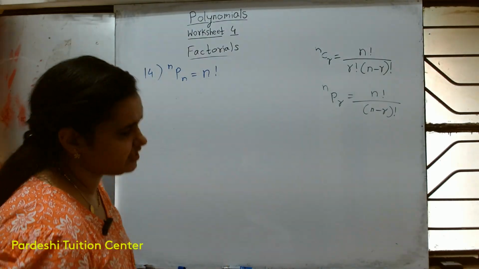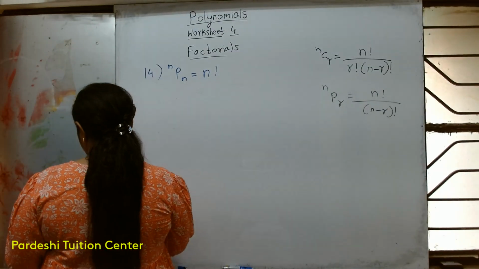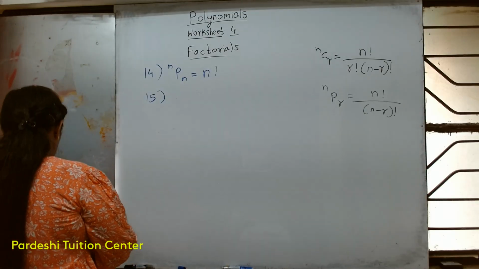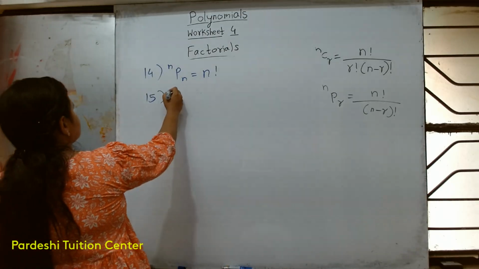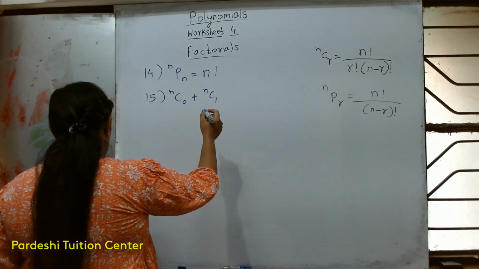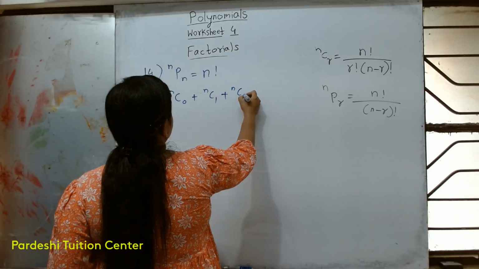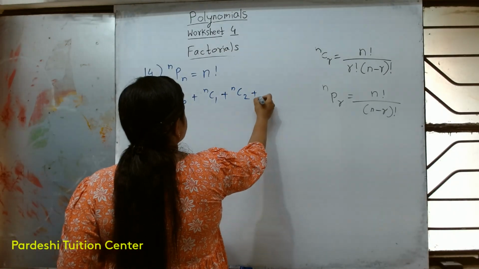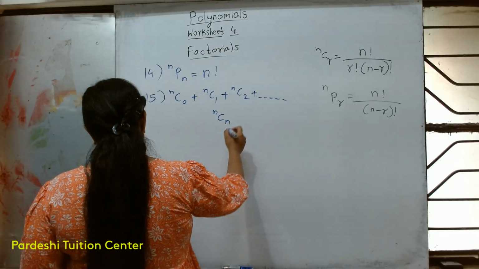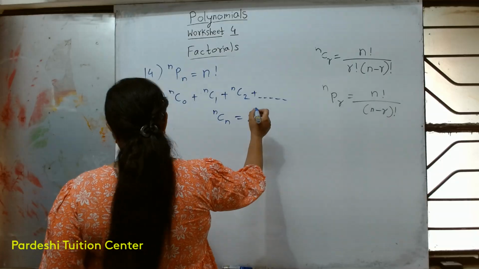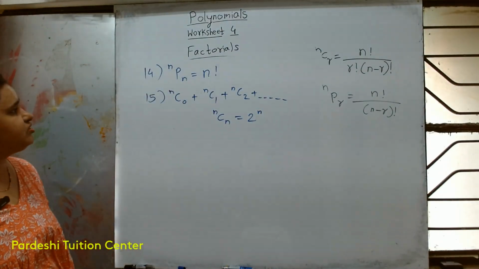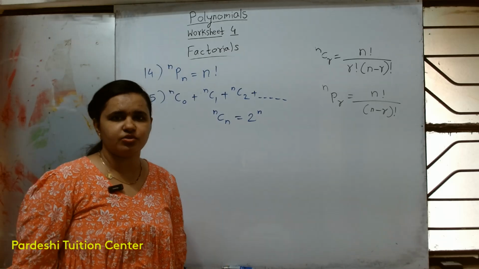Now again, the next formula is nC0 plus nC1 plus nC2 plus up to nCn. It is always equal to 2 raised to n. We have to remember this formula, it will be used in solving the problems in the worksheet.